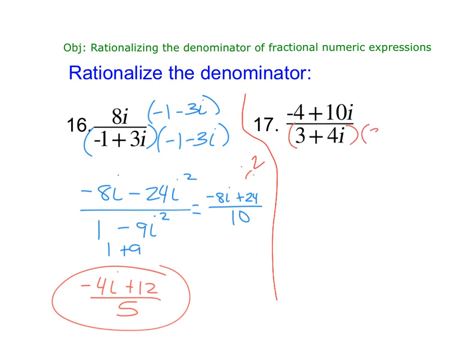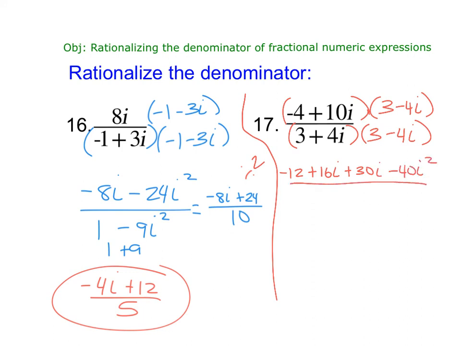Conjugate 3 minus 4i. A little more distributing here. All right, I'm going to write little. Negative 12 plus 16i plus 30i minus 40i squared.